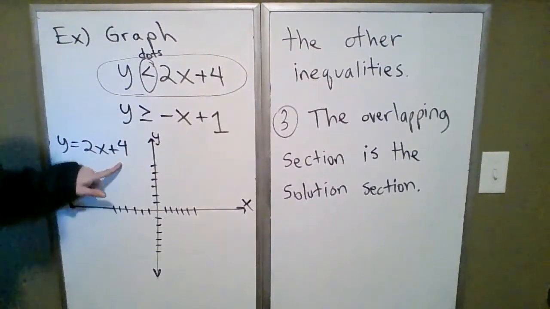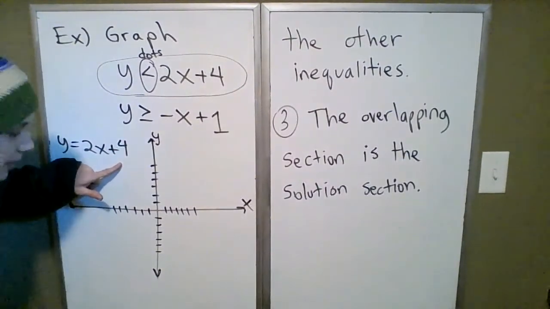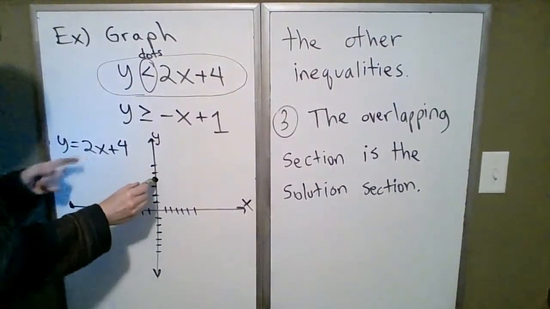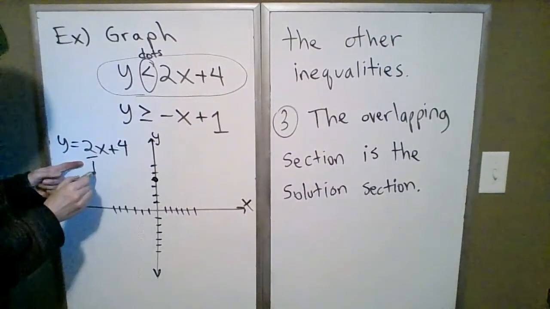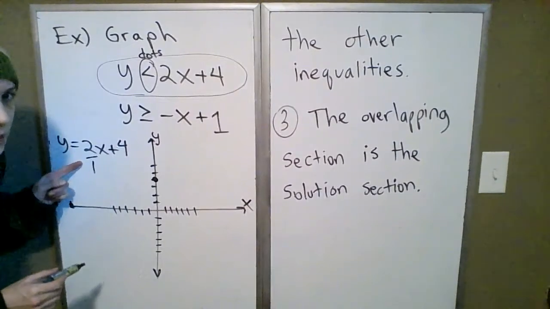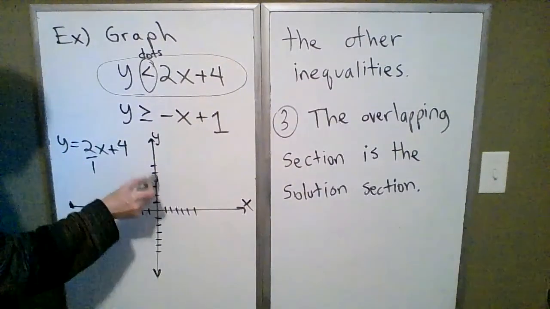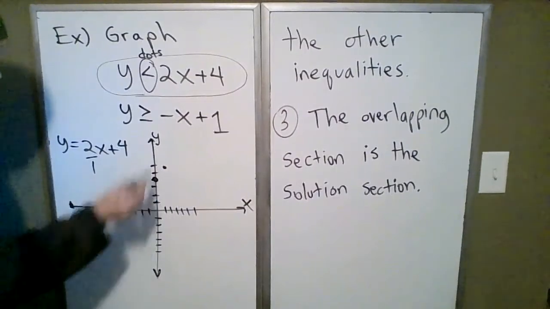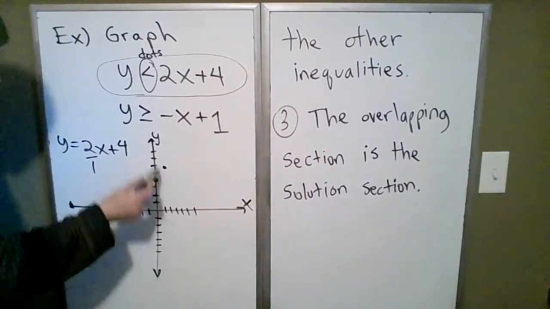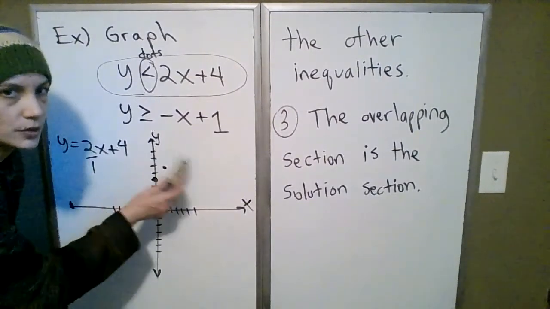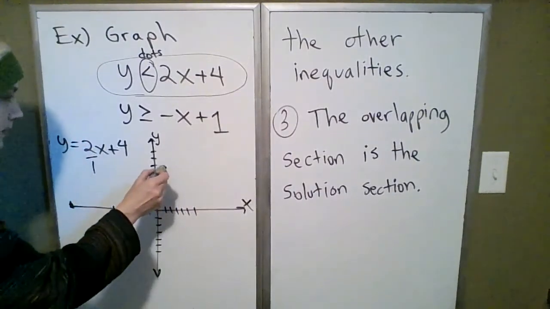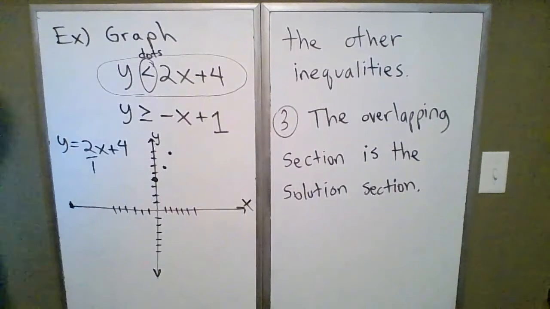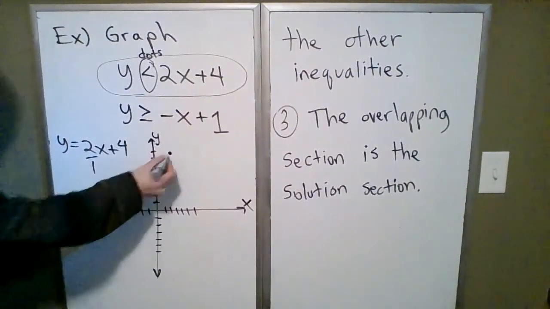So we're going to have an intercept of 0, 4. And then your slope of 2 would be up 2 and to the right 1, up 2 over 1. And you can go again up 2 to the right 1 from that spot. And connect these with dots.